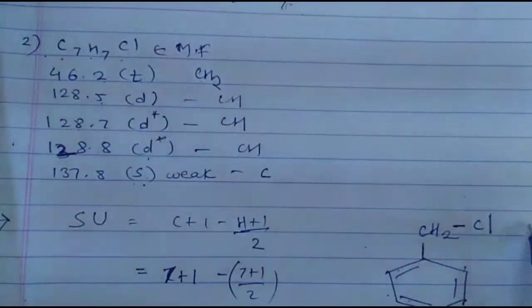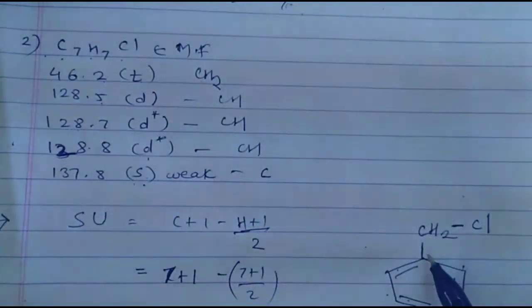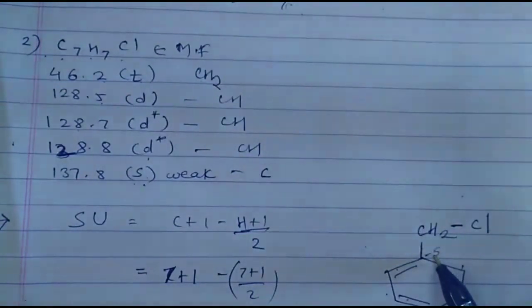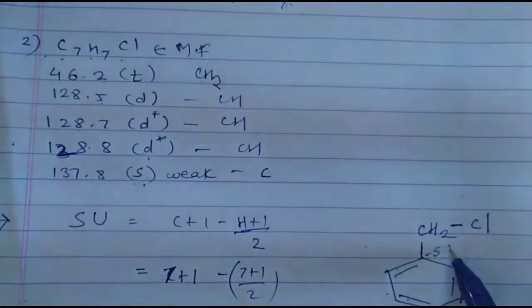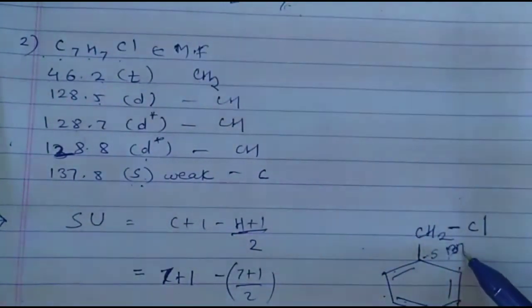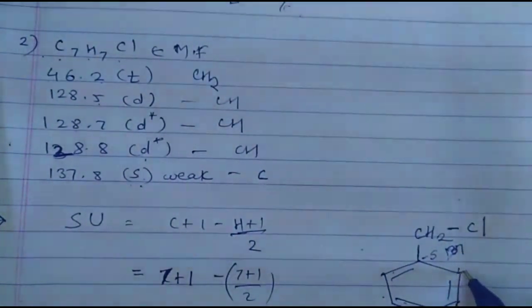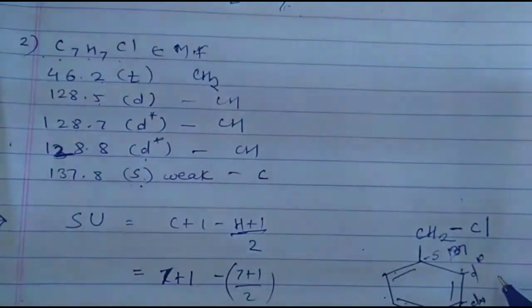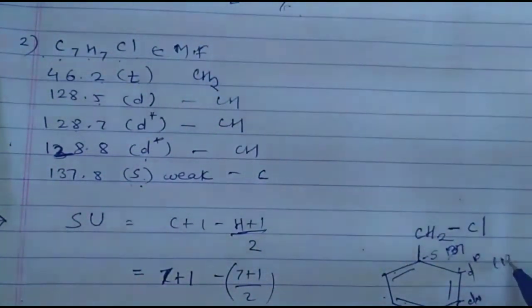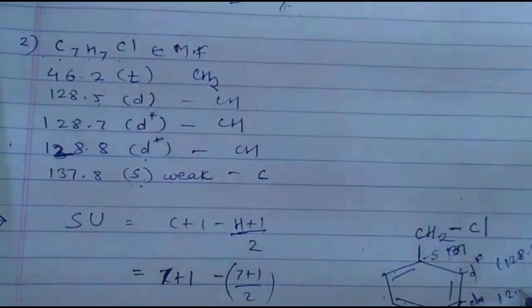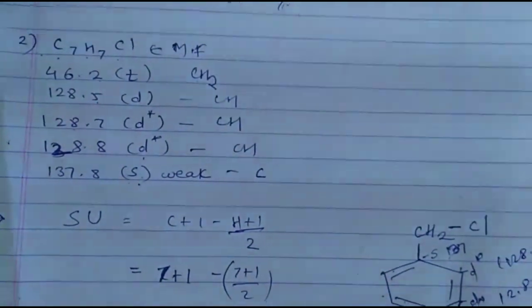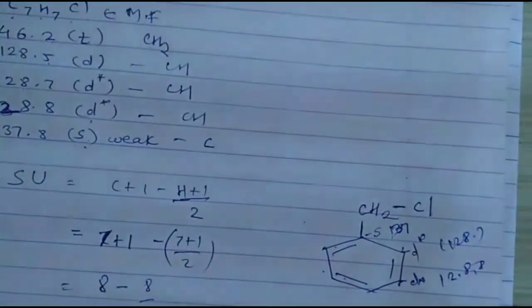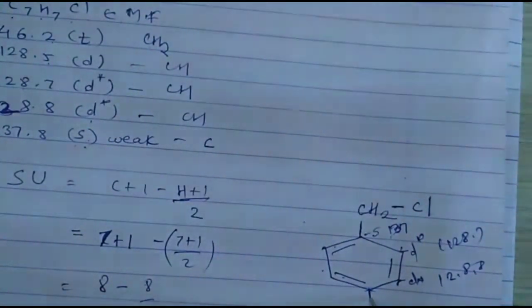If the compound is monosubstituted, this is a singlet carbon having the maximum value, 137. Near to that they give the strong doublets, having values 128.7, 128.8, like this. And this is the para position carbon.